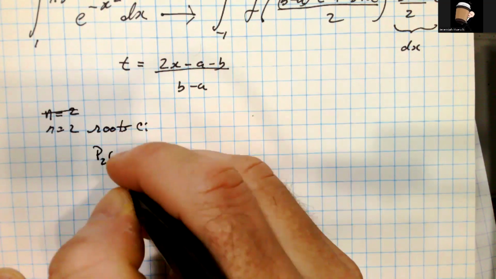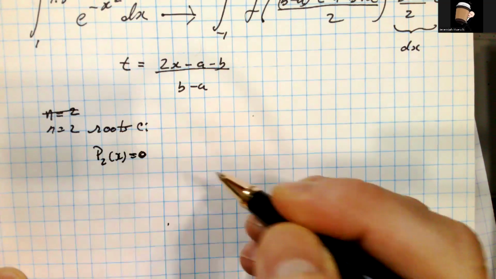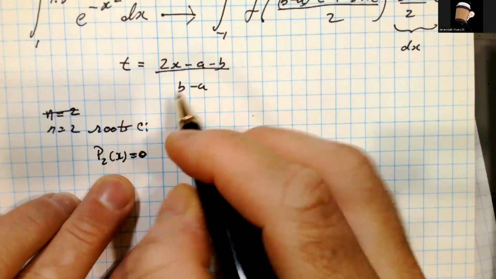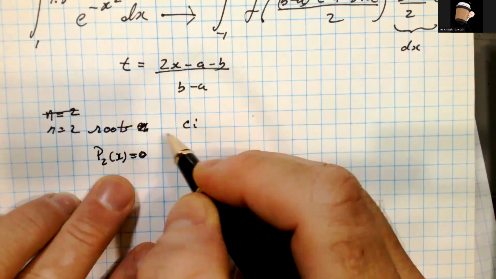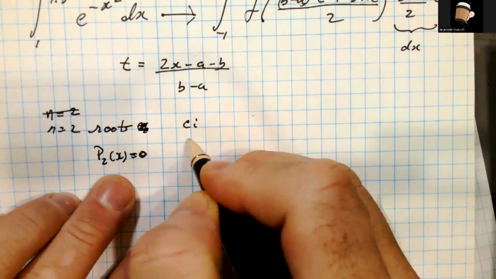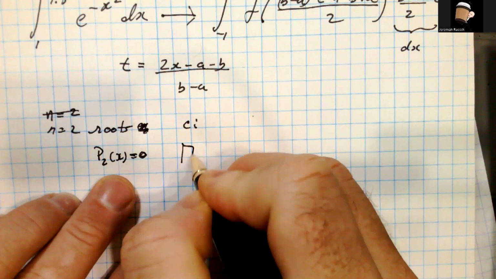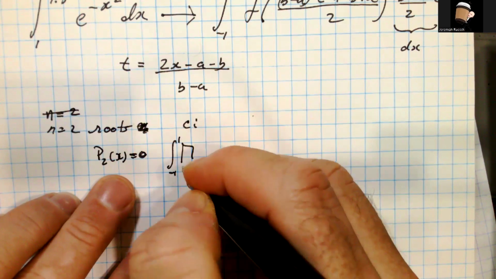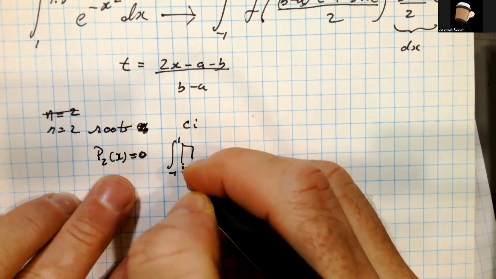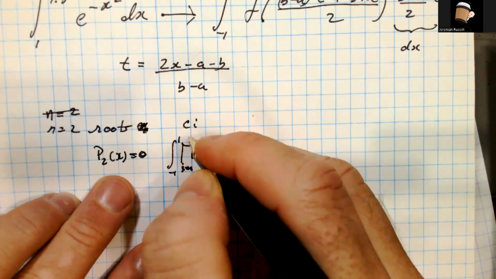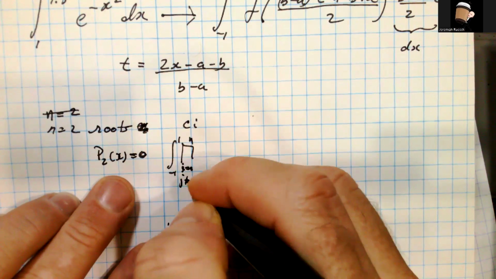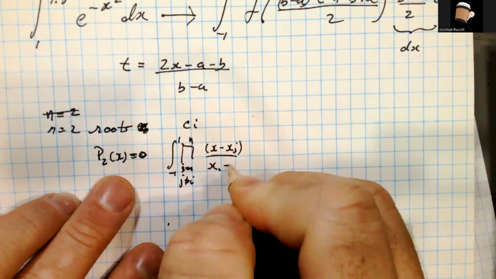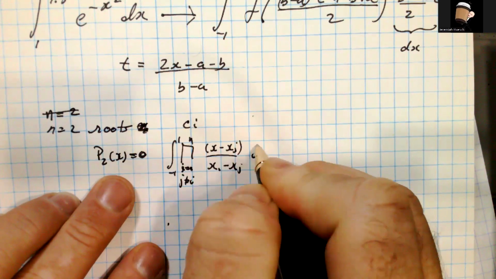So P2 of x equal to 0. We're going to solve that. And then also we want the Ci, the roots and then the Ci. So the Ci, remember, come from the relationship that we're going to integrate from -1 to 1, the product over j equals 1 to n, where j is not equal to i, of (x minus xj) over (xi minus xj), dx.